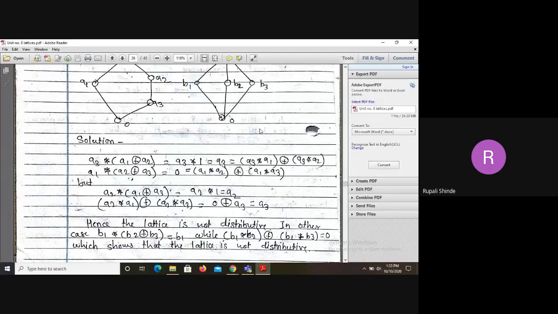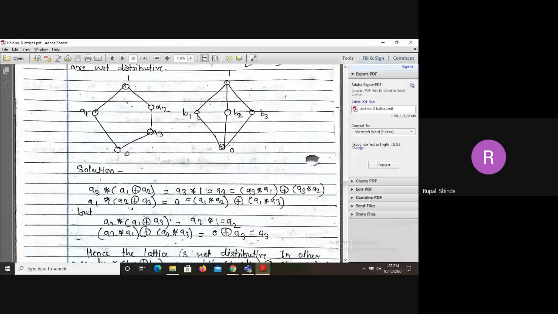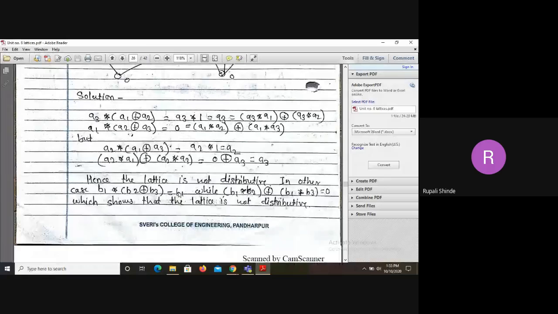Now B1 star 1 is what? Greatest lower bound of B1 and 1. So this answer is B1, because we have to find the greatest lower bound of B1 and 1, and here the lower bound is B1. So for LHS we got the answer as B1 and for RHS it is 0.